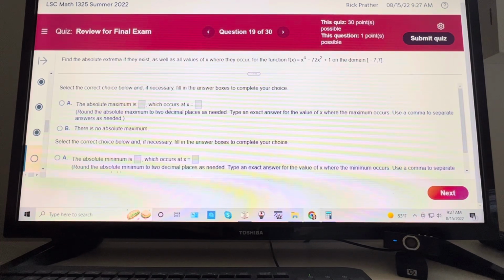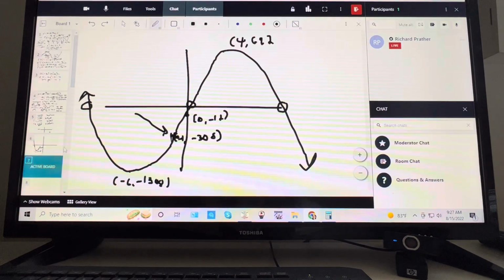So many graphs don't have an absolute max or min because they're unbounded and they go up and down forever, or at least one way forever. So one way to get absolute extrema is to put a closed interval on your function. If there's a closed interval, then you're guaranteed to get an absolute max and an absolute min, and they occur at either the endpoints or any critical numbers inside the interval that's given to you.